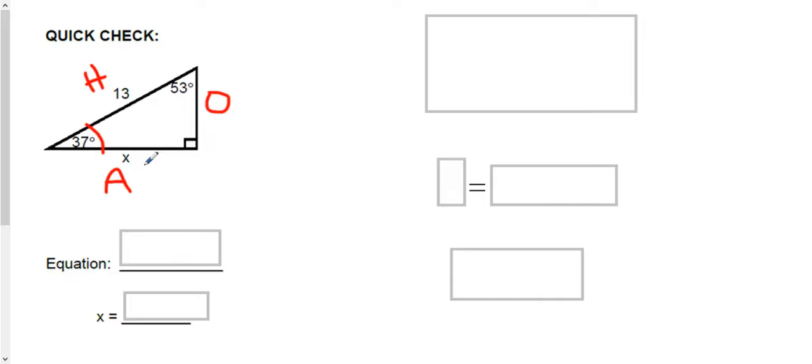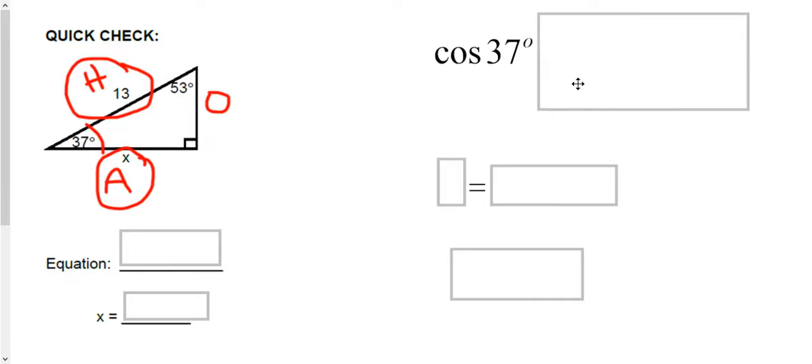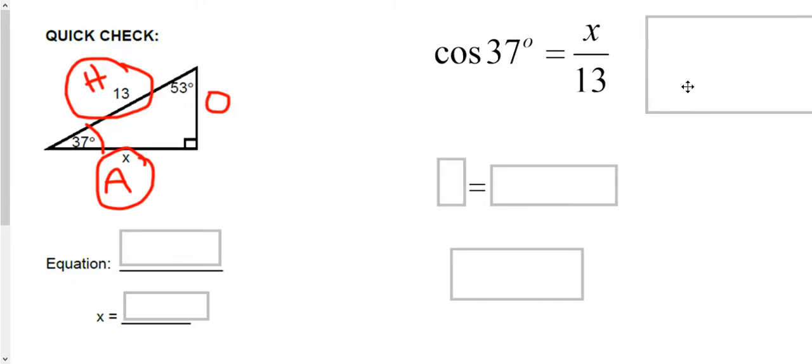Well, of course, I got to solve for x, so I'm going to use this adjacent side, and I know the hypotenuse, not the opposite, so I'm going to use that. Which trig function uses those two is cosine. It uses adjacent and hypotenuse. And cosine of the angle, don't forget the angle, 37 degrees, equals the ratio or the fraction, which is adjacent over hypotenuse.